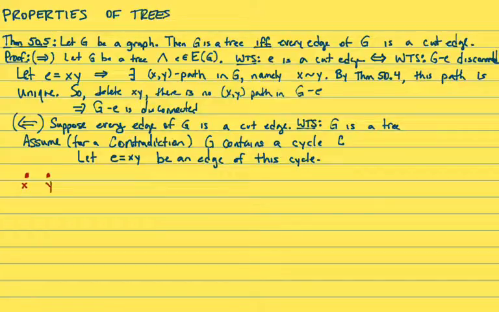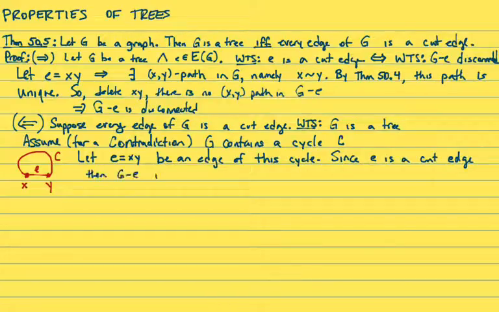Since E is a cut edge, let me draw this for us. X and Y, there's the cycle C. We'll call that edge right there E, so one edge of the cycle. Now, since E is a cut edge, then G minus E is disconnected.